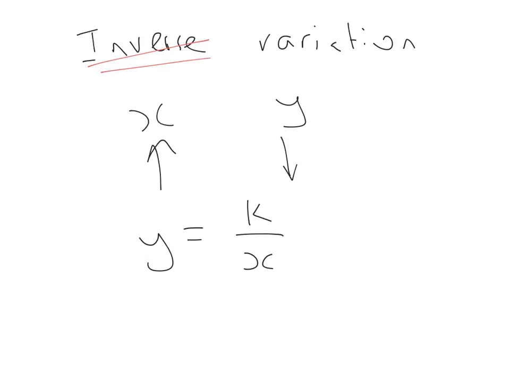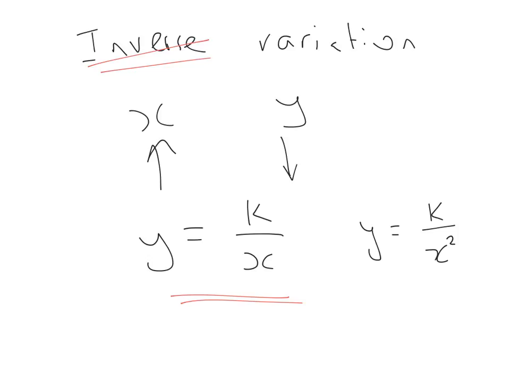Occasionally you'll get y equals k over x squared, but again, you're looking for that keyword squared or cubed or square root. Most that you come across will be this basic type, and we do exactly the same thing.